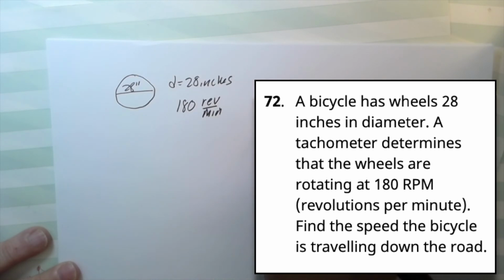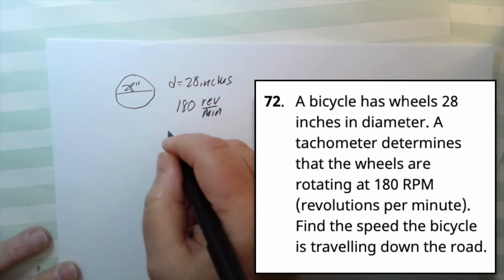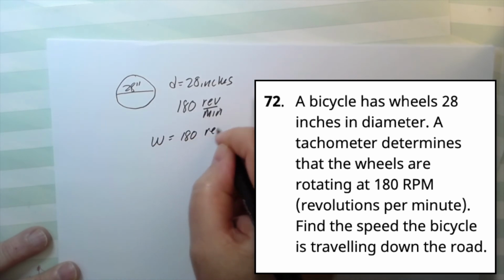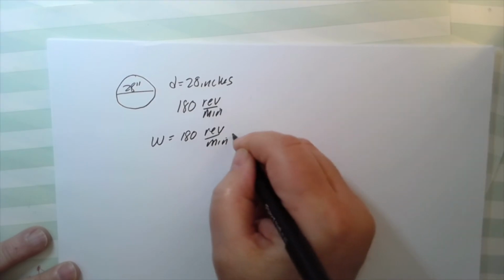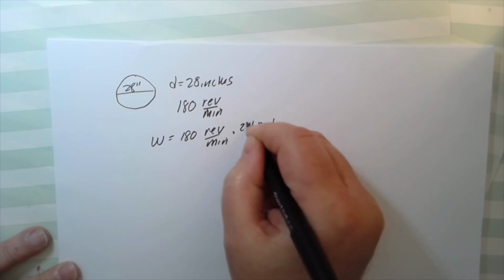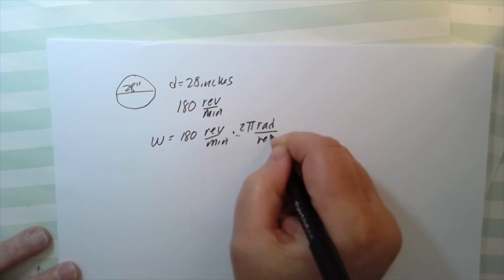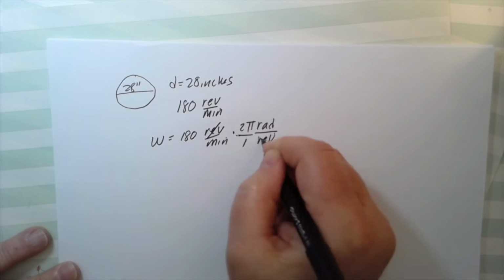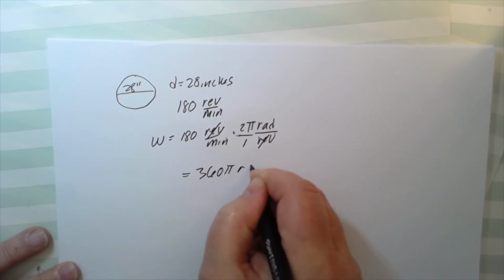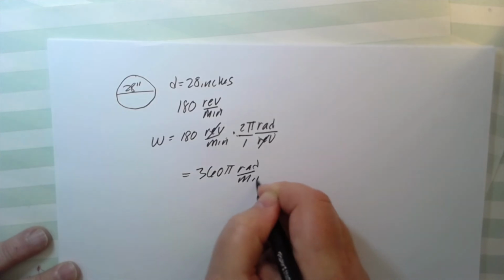Find the speed of the bicycle. Alright, so our angular velocity is 180 revolutions per minute. Now what we want to do is turn it into radians per minute. So I'd put the radians here, which is 2 pi over one revolution. So these would divide out and I would get 360 pi radians per minute.